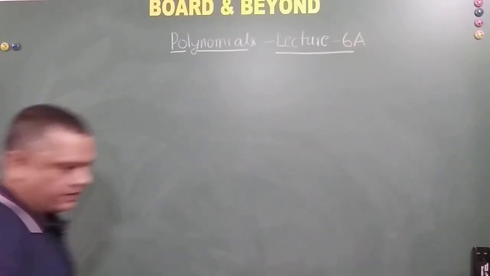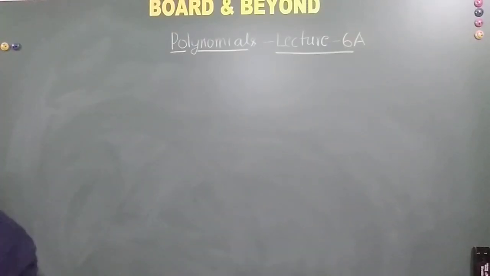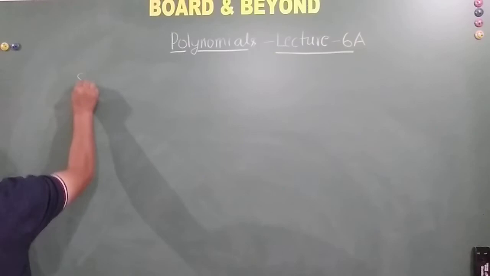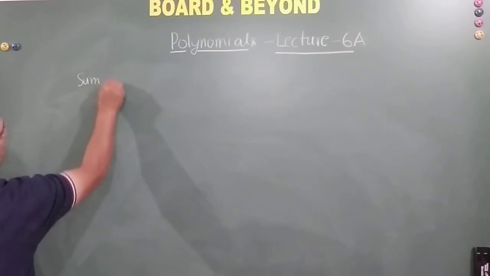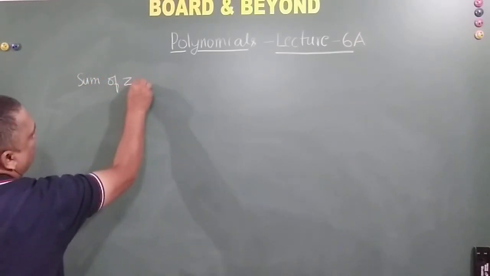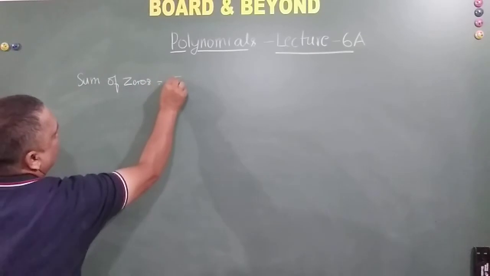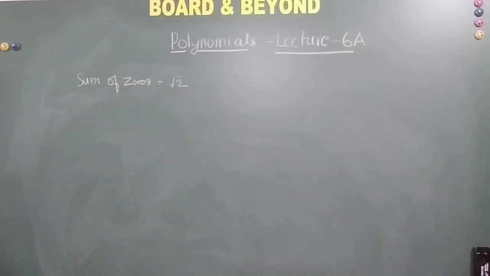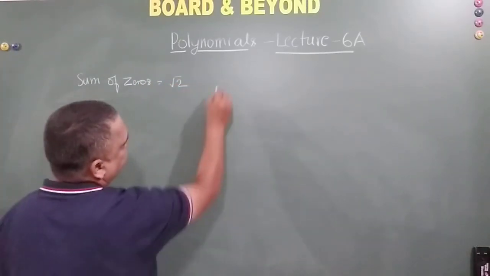Next question, right friends? Next problem. Find a quadratic polynomial, the sum of whose zeros is root 2 and their product is minus 12.